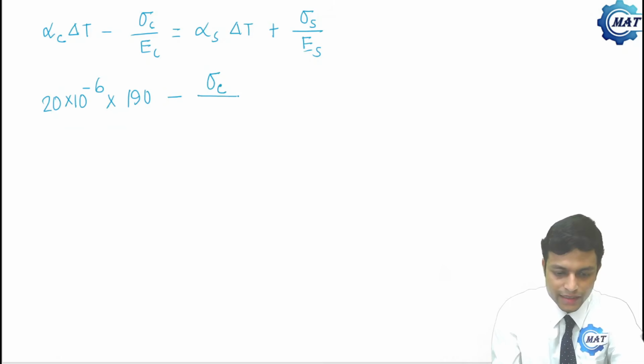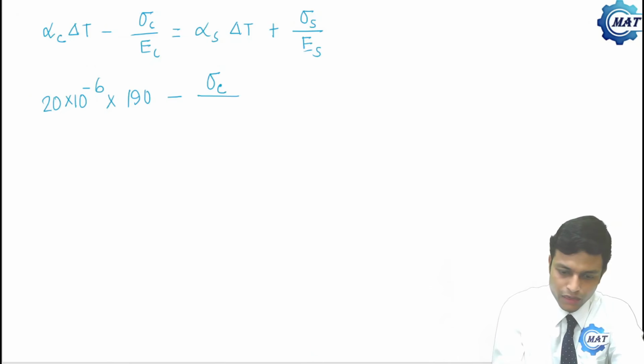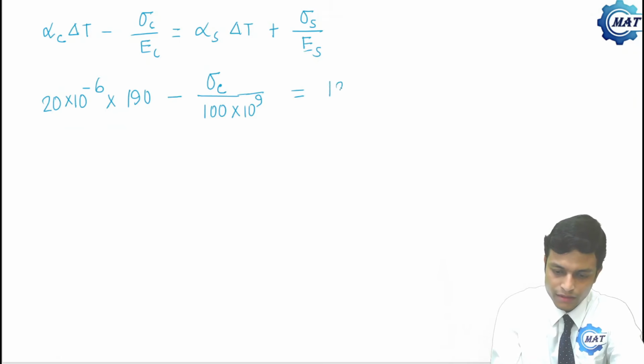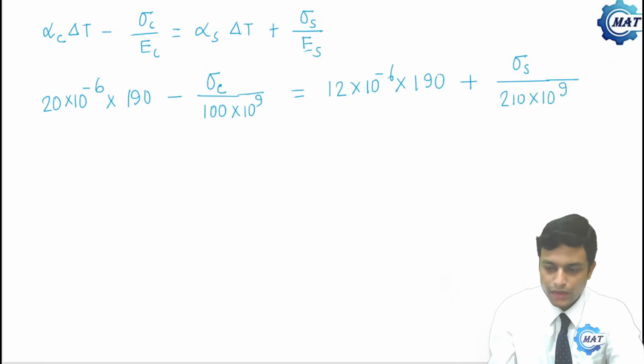EC is 100 GPa, that is 100 into 10 to the power 9, ES is 210 GPa, and alpha S is 12 into 10 to the power minus 6, into 190, plus sigma S by ES, which is 210 into 10 to the power 9.